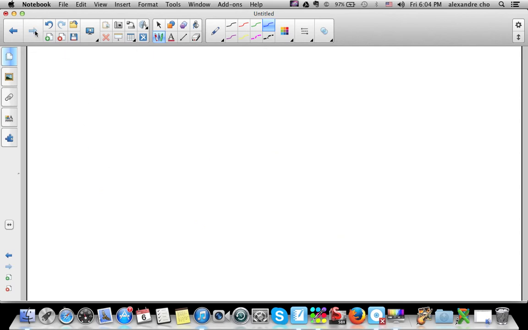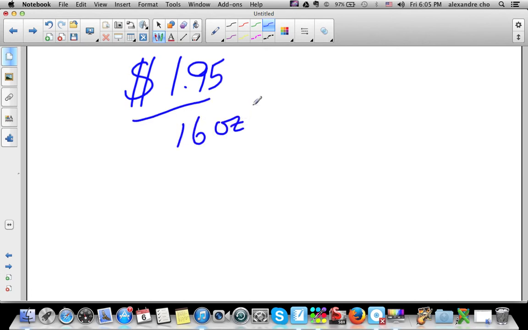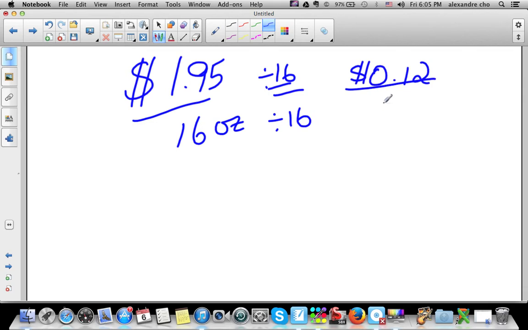Number 3, which size is better, the 16 ounce or the 36 ounce? And again, when comparing, I think it's better to compare it per item instead of per dollar. You pay $1.95 and you get 16 ounces. If you divide top and bottom by 16, you're going to get 0.12 cents per 1 ounce.